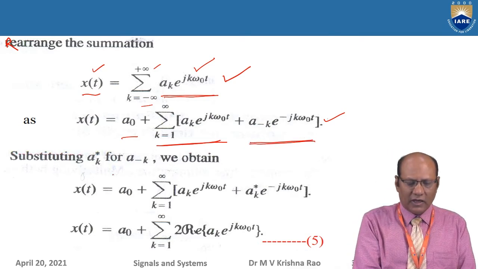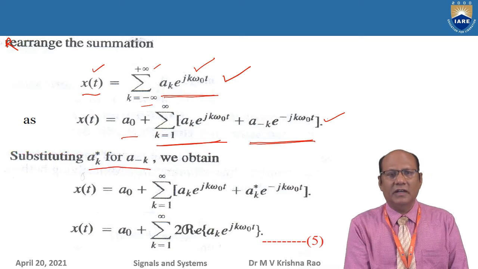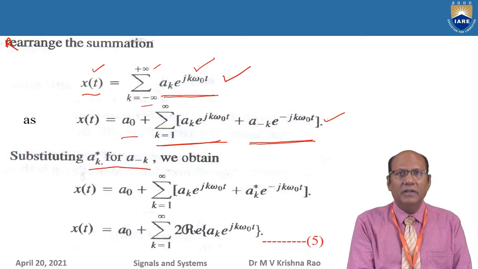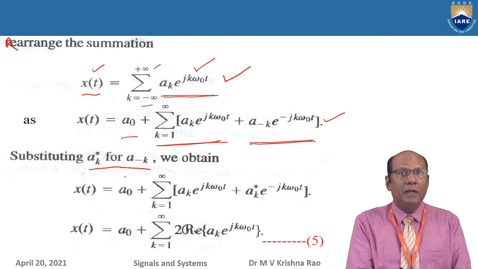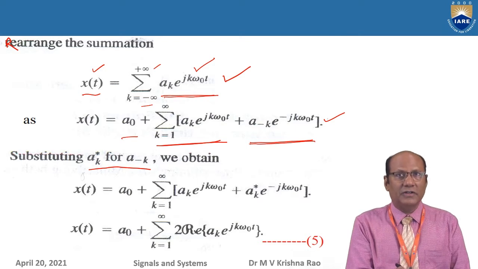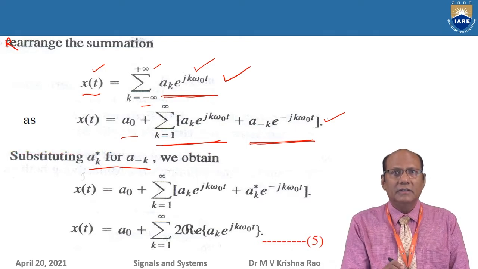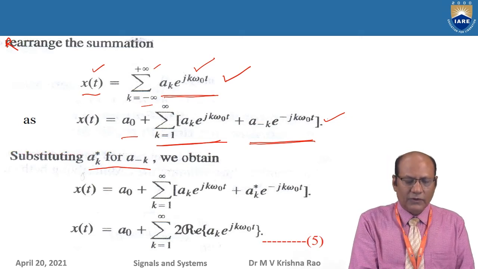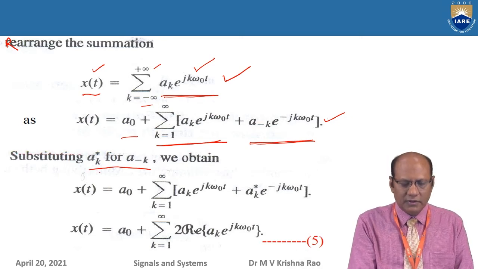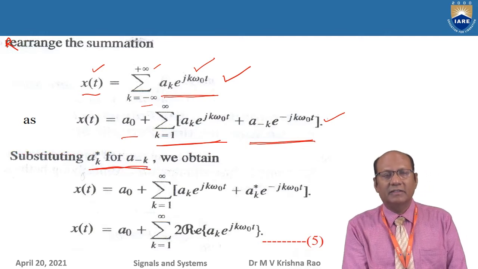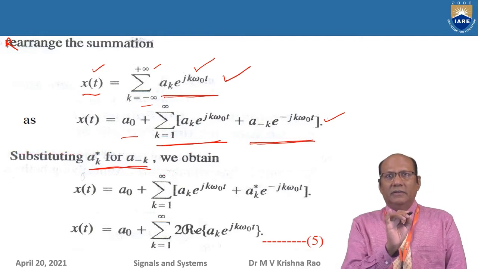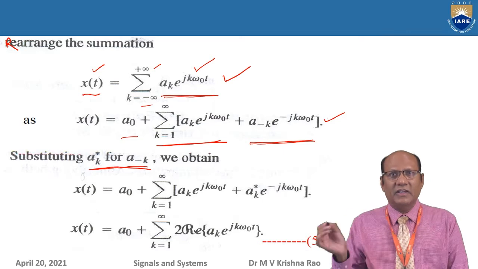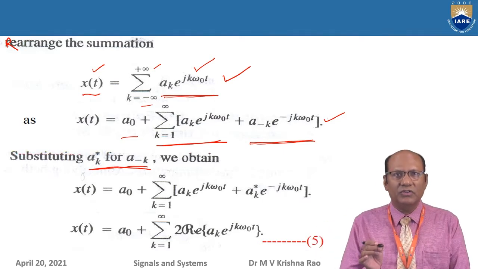We have already shown in the previous class that ak, in general in this representation, is a complex number. Each coefficient is a complex number. If you take the conjugate of ak, it is nothing but a minus k. That means the kth coefficient and the minus kth coefficient are conjugates of each other.